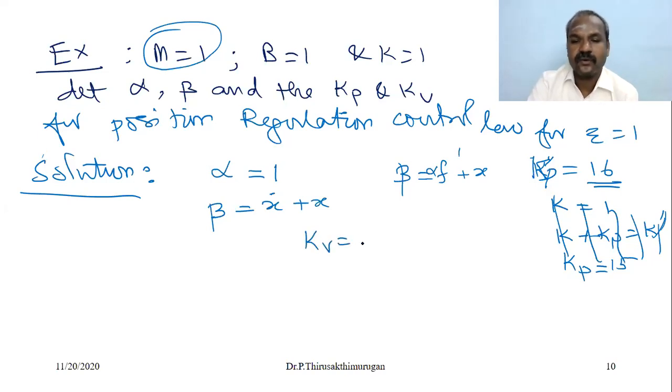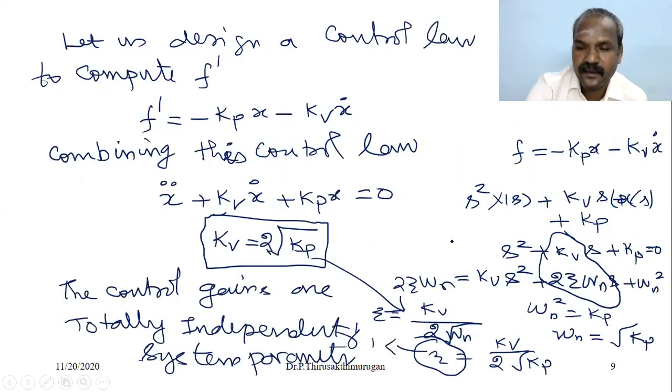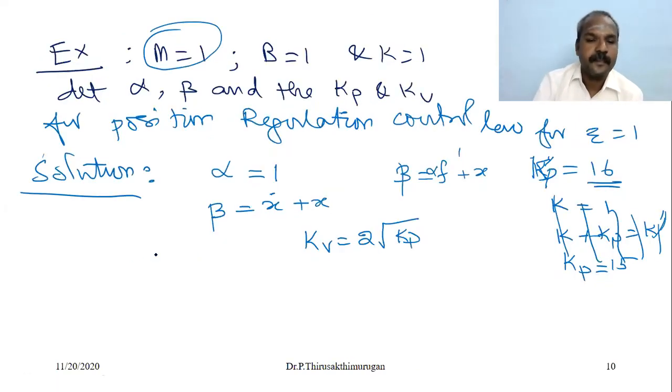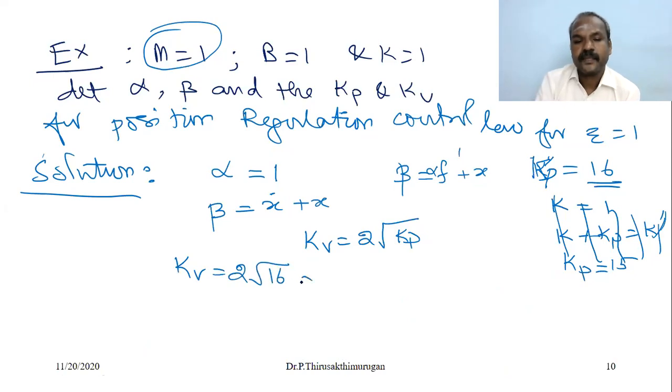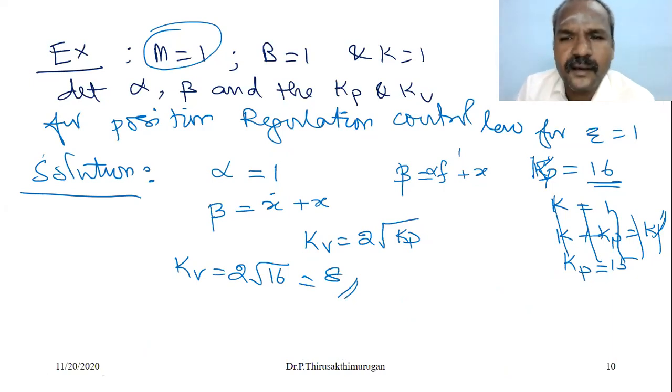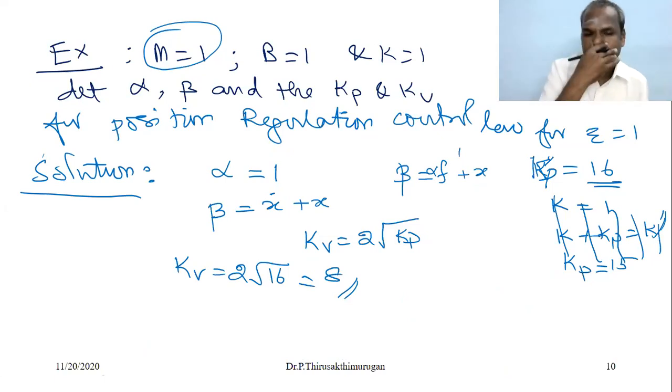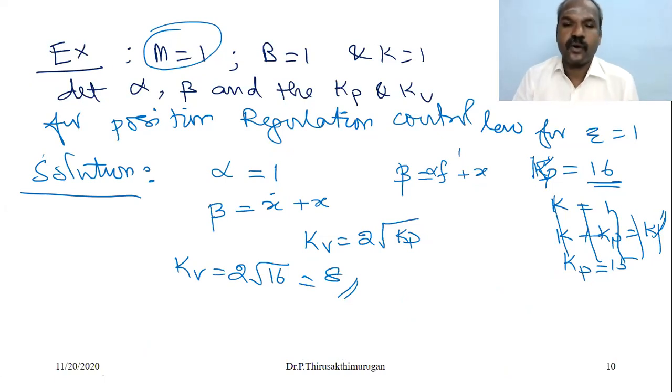Kv equals 2 root Kp, as we found here. So Kv equals 2 times root 16, which is 2 times 4. So Kv is 8. Understand or not? So this is about the control partitioning, designing of gains.